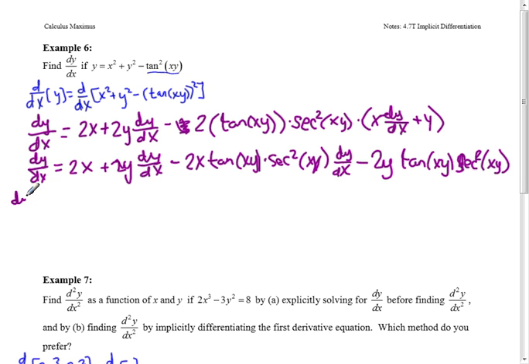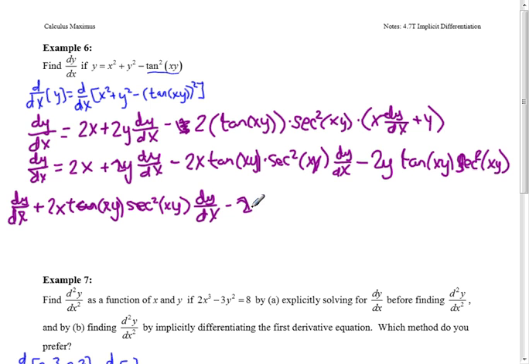So I have dy/dx, plus 2x tangent xy secant squared xy dy/dx. It looks like I almost forgot one, this here, minus 2y dy/dx.